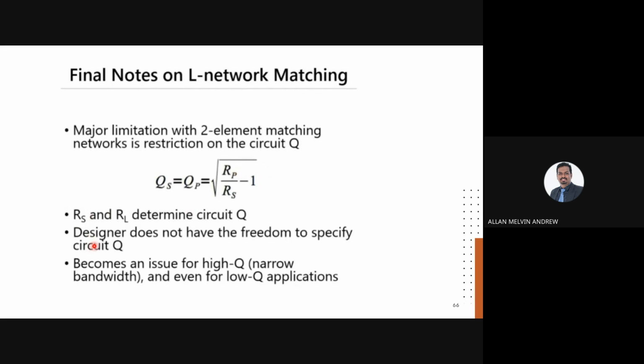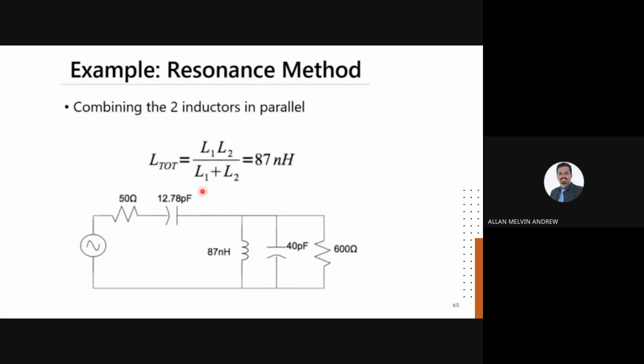So designers do not have the freedom to specify circuit quality, because when you are developing an antenna, the Q depends on this circuit.